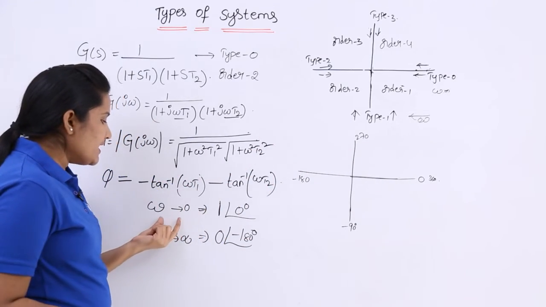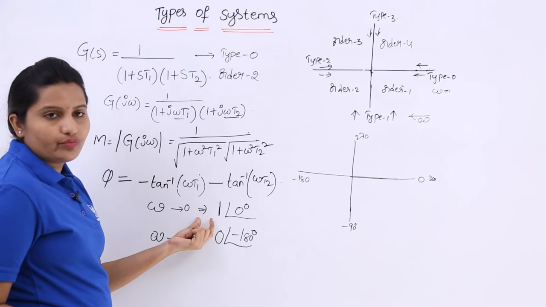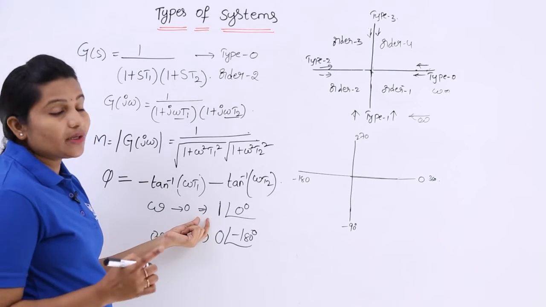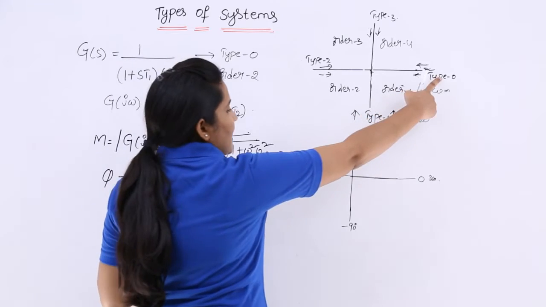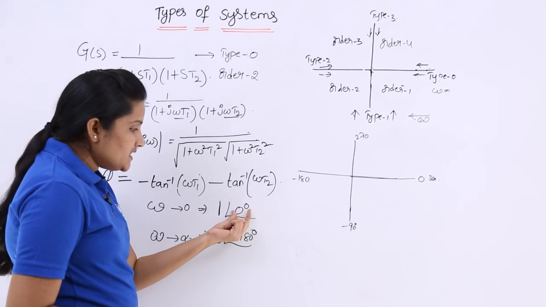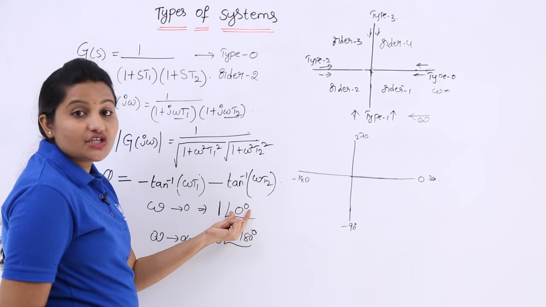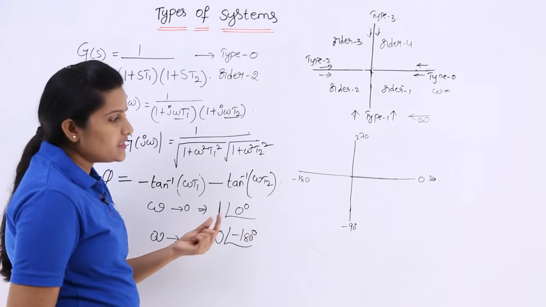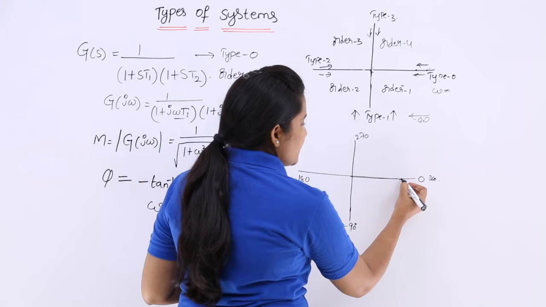Here at omega equal to 0, that means the starting point, where do we need to start for type 0? At which angle do we need to start? At 0 degrees we need to start. Yes, I am starting with 0 degrees.